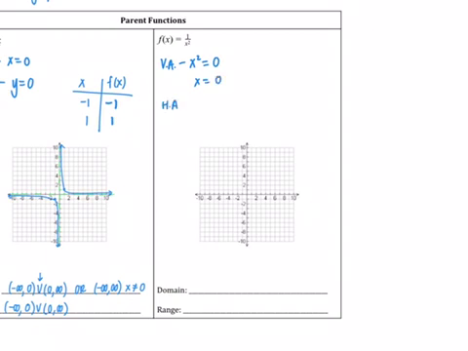For the horizontal asymptote, I look at the denominator, it has a greater degree, so it's the k value. There's nothing in the place of the k value, so I know that it's 0. And then the last thing I would do after I plug in those asymptotes, I've got x equals 0, y equals 0.